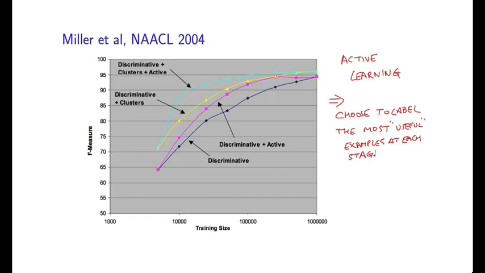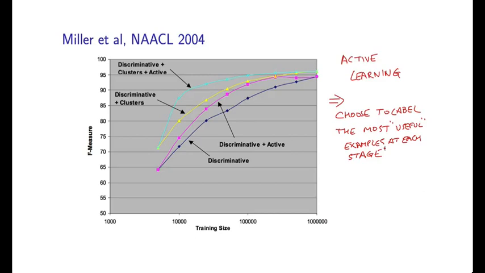What that would typically mean is you would train your log linear tagger on a small number of examples, maybe 500. You would have a large pool of additional examples which you could send to an annotator for labeling, and you would choose to label the examples which are most difficult for the log linear tagger, maybe where the log linear tagger has most confusion by some measure or another.